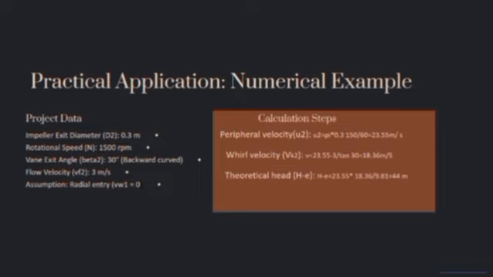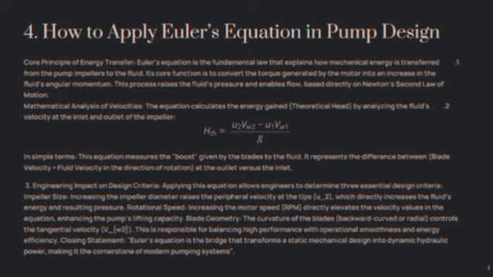Water velocity Vw2 equals 23.55 minus 3 divided by tan 30 degrees, equals 18.36 meters per second. Theoretical head He equals 23.55 multiplied by 18.36 divided by 9.81, equals 44 meters.